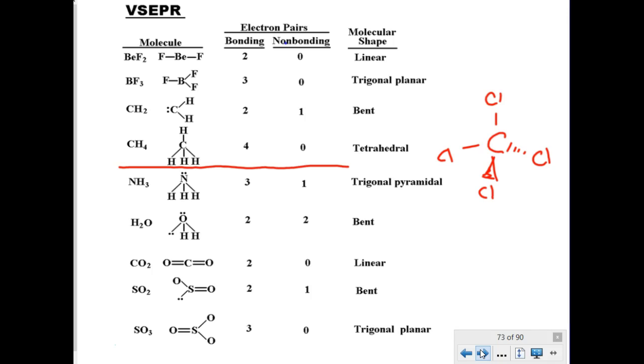Here is what we're going to do with this in terms of assessment. You will have a table like this on your test. You have to be able to draw your Lewis dot diagram and figure out your number of bonding pairs and your lone pairs from the diagram that you've drawn. Then you need to use this table and be able to identify the shape of the molecule.